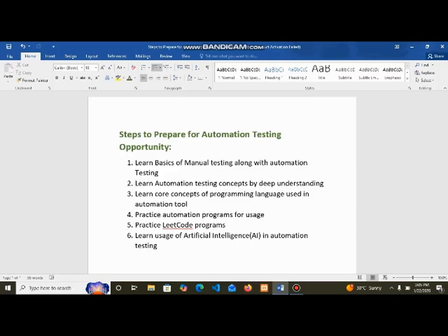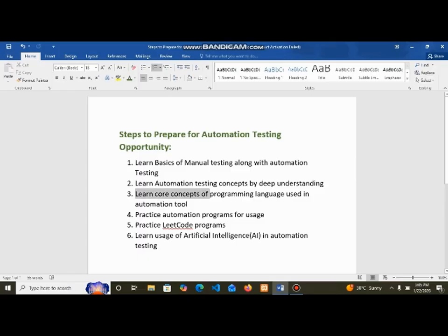These kind of concepts will be helpful to answer the questions easily, and try to create small framework to understand yourself about how automation can be executed, how automation frameworks can be developed, and how scripts are part of the automation and how the tests are running. These kind of things you can understand easily and you can answer the questions. If questions are deep, through the automation also you can answer the questions with this understanding.